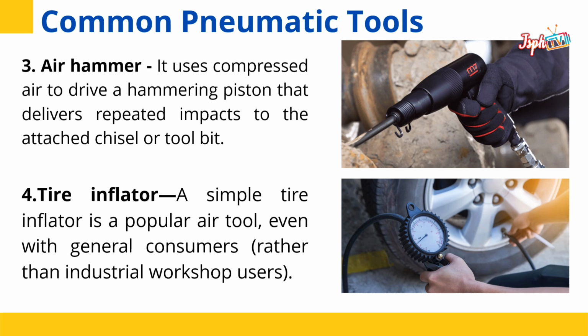Air hammer. It uses compressed air to drive a hammering piston that delivers repeated impacts to the attached chisel or tool bit. Tire inflator. A simple tire inflator is a popular air tool even with general consumers.